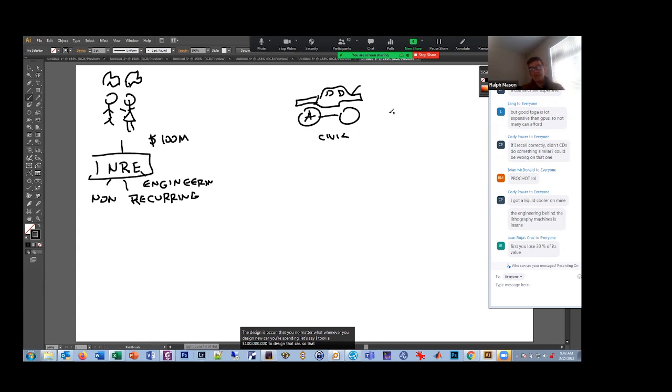And then, okay, I want a bunch of these cars. Everybody wants a car. I'm selling 1,000,000 of these Honda Civics, okay? Every one of those Honda Civics needs 4 wheels.